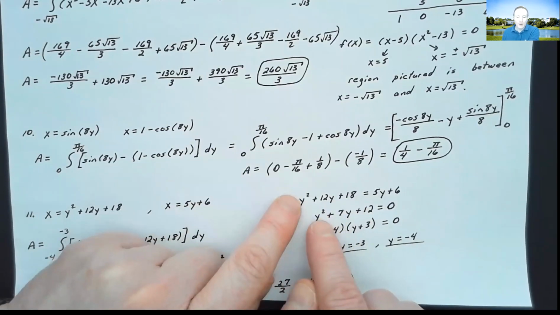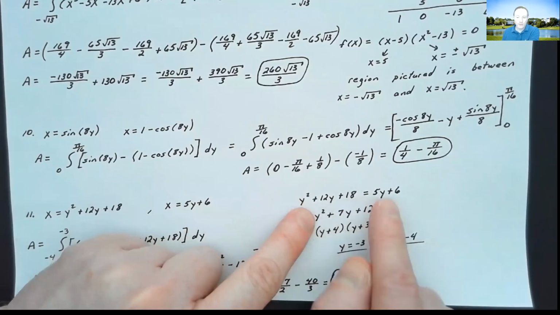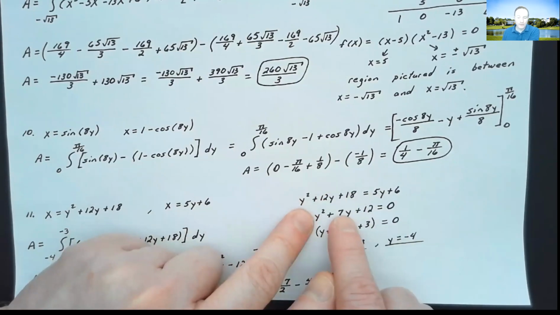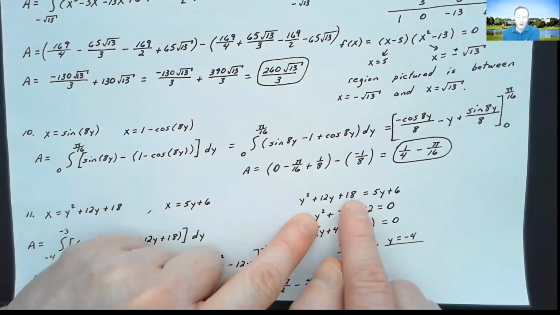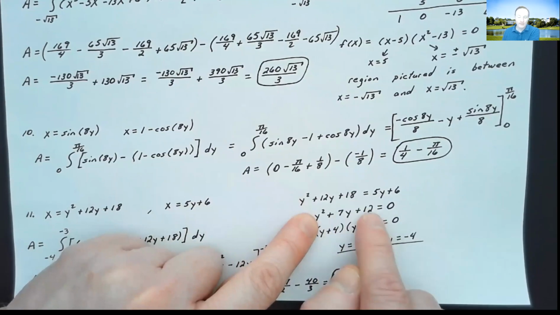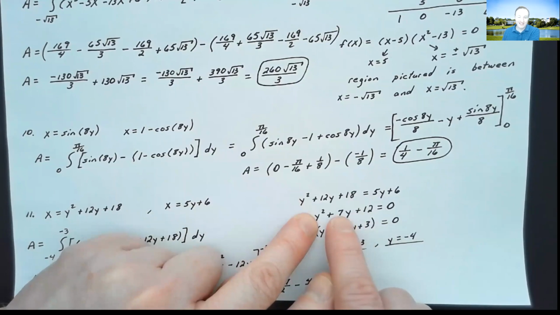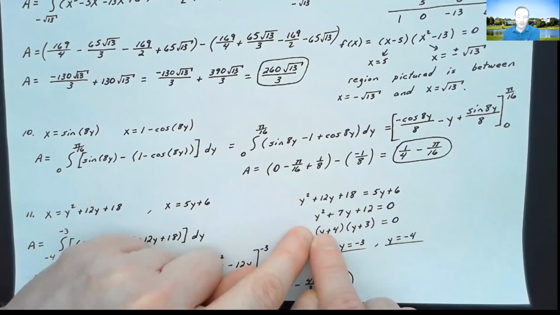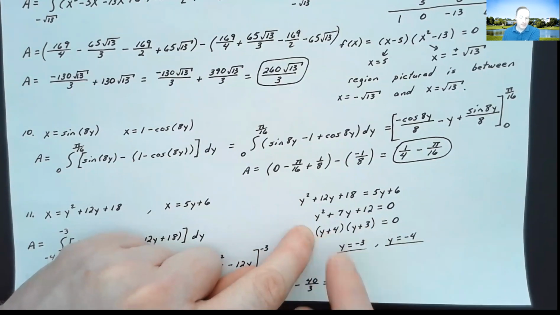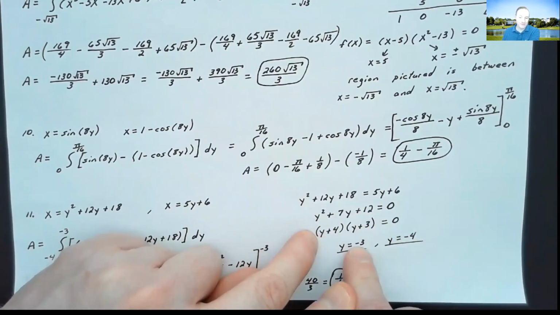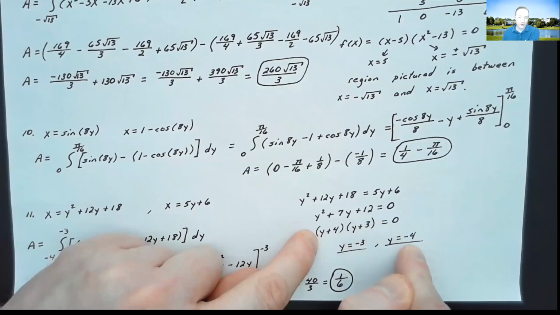I had y squared plus 12y, had to subtract 5y on both sides for plus 7y. I had plus 18 minus 6 gives me plus 12. Factors of 12 that sum to get to 7, well, 4 and 3, y plus 4, y plus 3. So this means that the points of intersection here are at -3 and at -4.